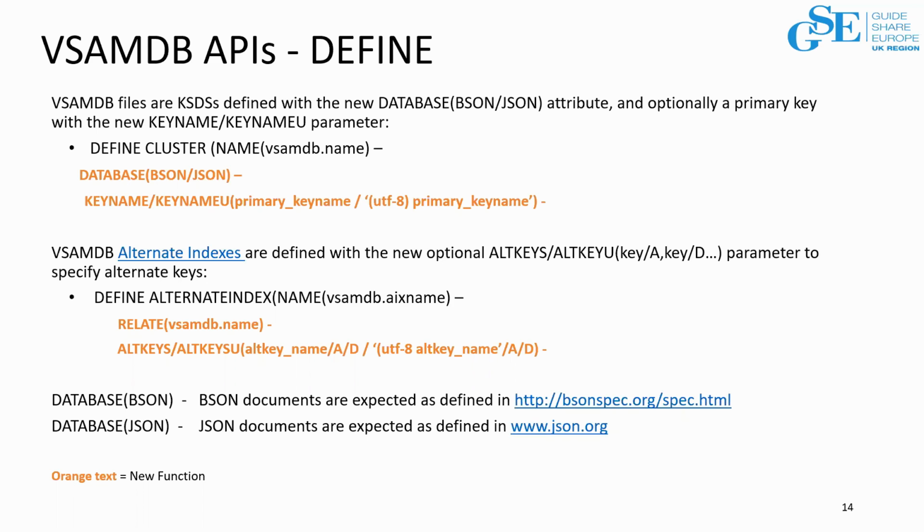The same is true from an alternate index perspective. Again, the big change is around the key. You can pass us the key in EBCDIC, or you can pass it to us in UTF-8. And the A and the D that are in there relate to how I mentioned we have to truncate the keys from an alternate index perspective.